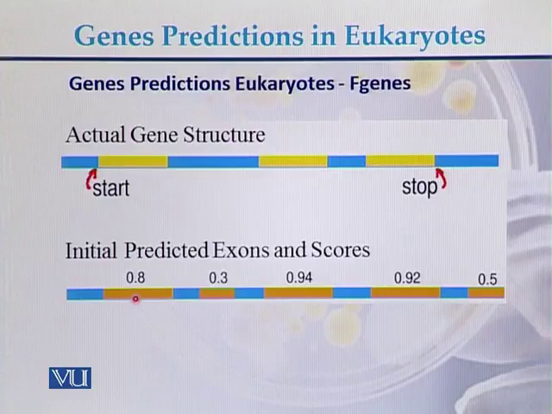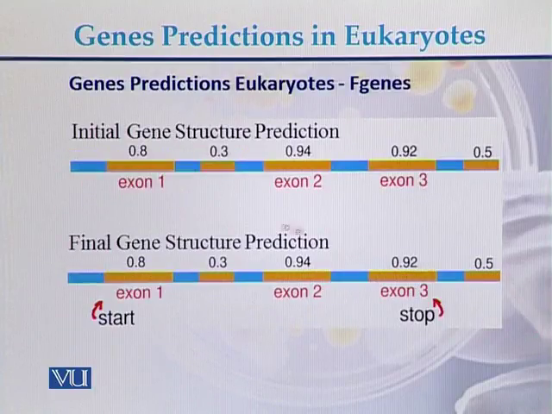So based on the scoring system, the actual exons can be identified. Here it has given the score 0.3 and here 0.5, so these may be false exons.